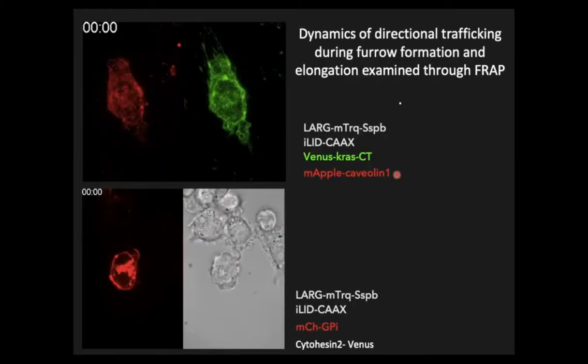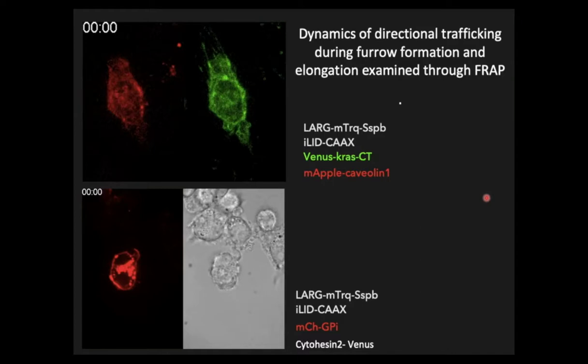We think that the furrow elongation to form the intercellular bridge is mediated by membrane incorporation through exocytosis. And to see where exocytosis is, first we combine confocal microscopy, optical control, and fluorescence recovery after photobleaching, FRAP.